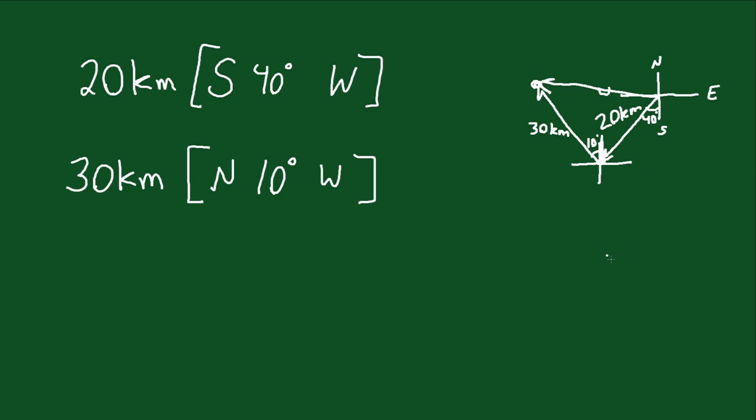Well, there's a lot of work that we can do here, and you can figure this out one of many ways. You can use different trigonometric principles. You could use cosine law, for example, to help you get started, sine law, all that type of stuff. Or you can break these down into their components. And if you decide to break them down into their components, that's a really nice way to start working once we start dealing with vectors, because that method will work no matter how many vectors you have.